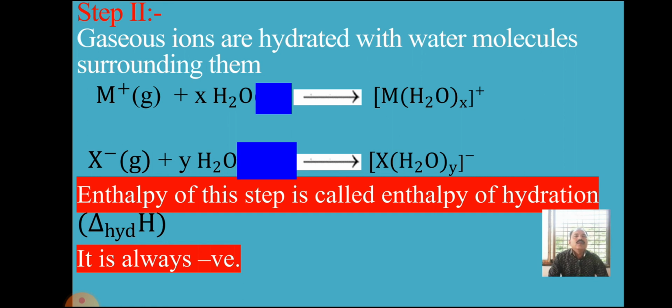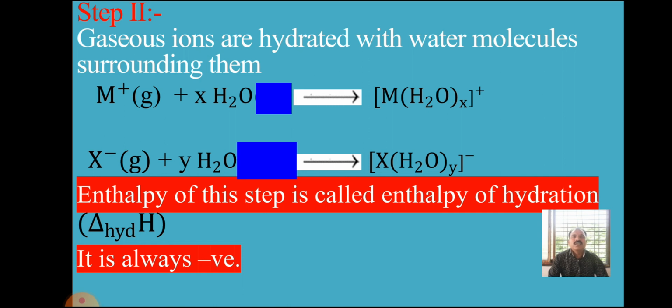It produces M(H2O)X with a positive charge, because H2O is neutral while the cation has a positive valency, therefore there is one positive valency.